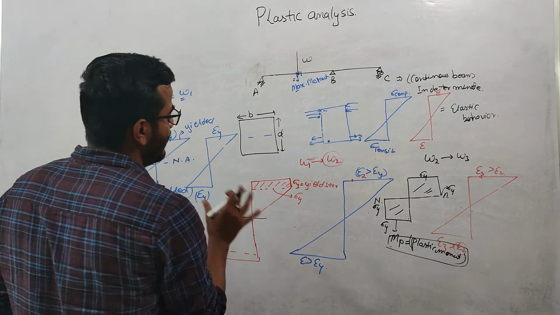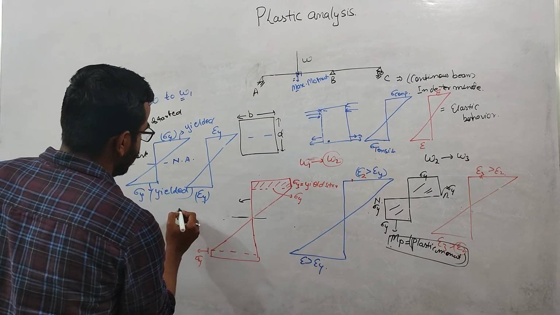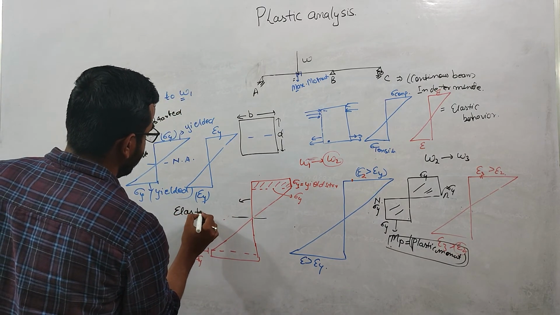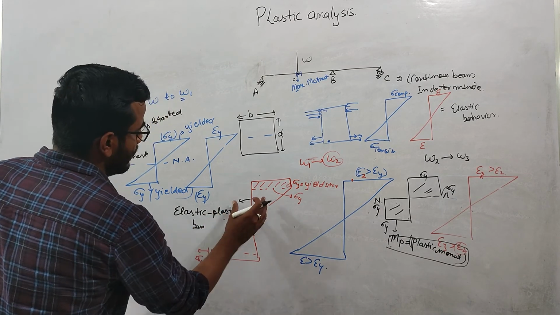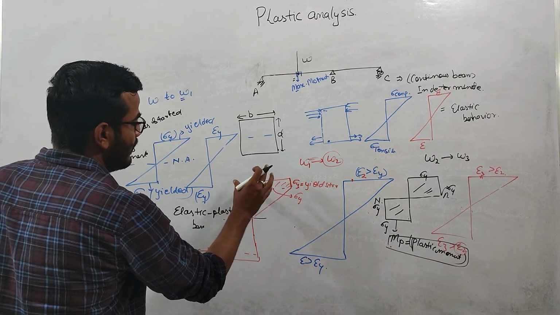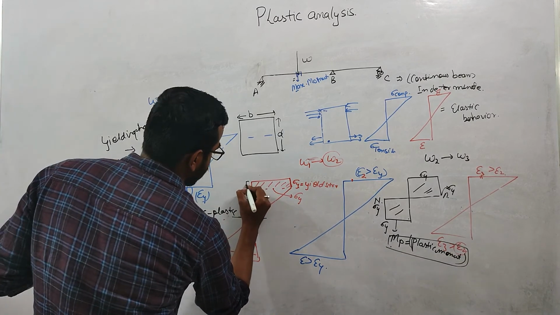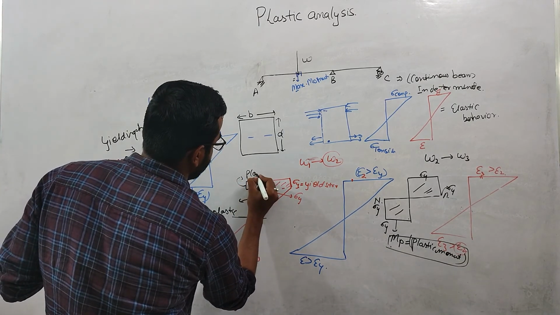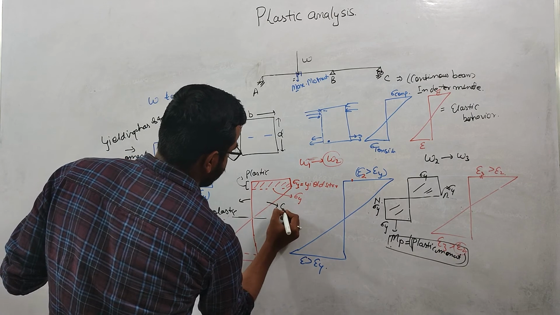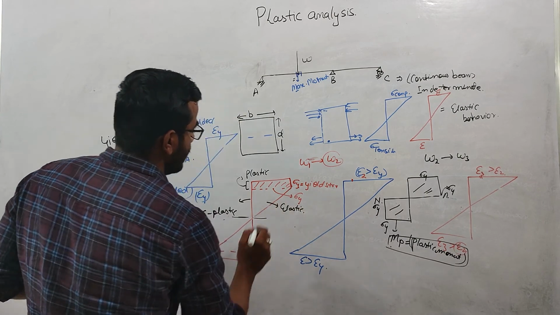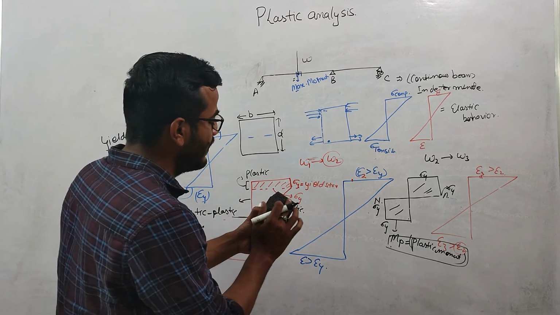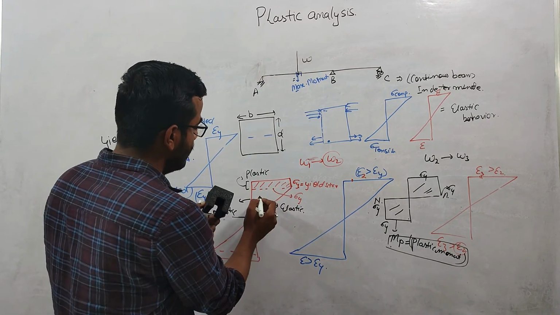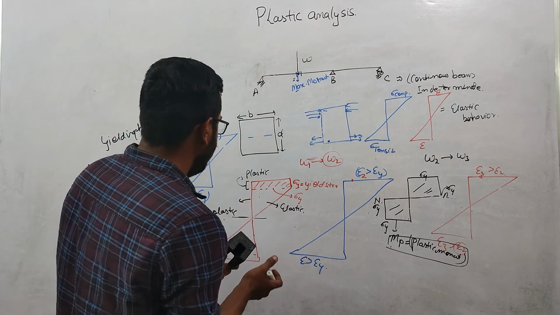After that, this is basically the elastic-plastic behavior. Why? Some of the fibers are in the elastic state and some of the fibers have reached the plastic state. These upper fibers are in the plastic state, and these fibers will be in the elastic state.